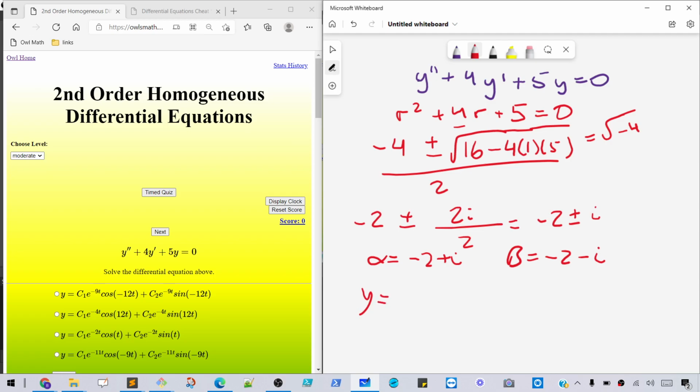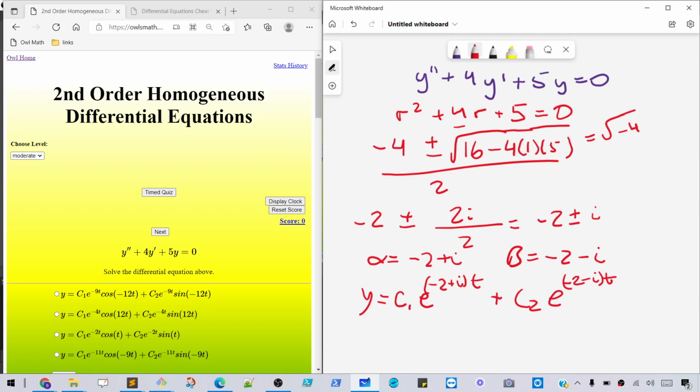So if we have our two roots, we have our first root, our second root.